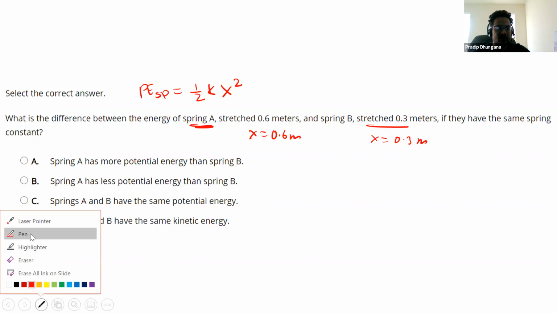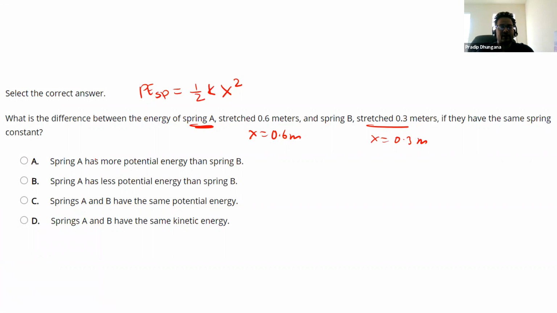Now let me work on this problem. The correct choice is A, that is, spring A has more potential energy than spring B. As you can see here, potential energy is directly proportional to x squared. So let's calculate the potential energy for spring A, okay?